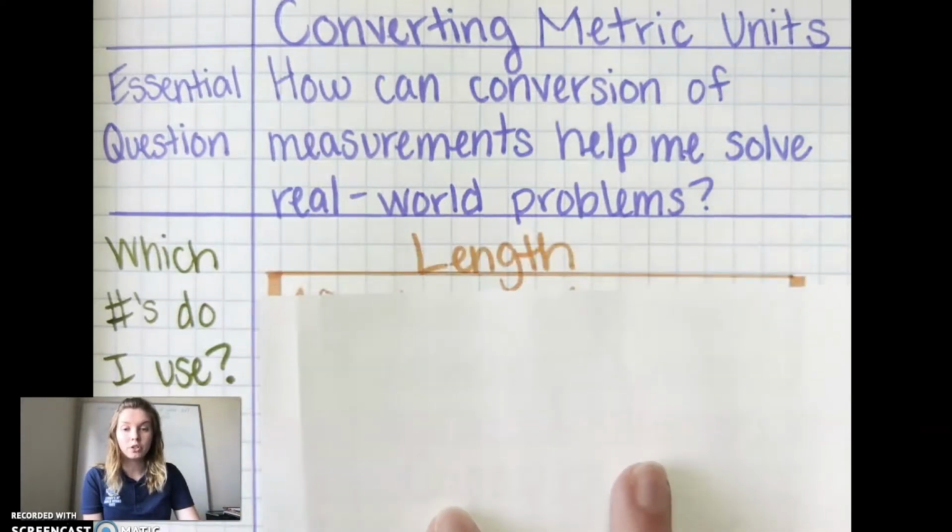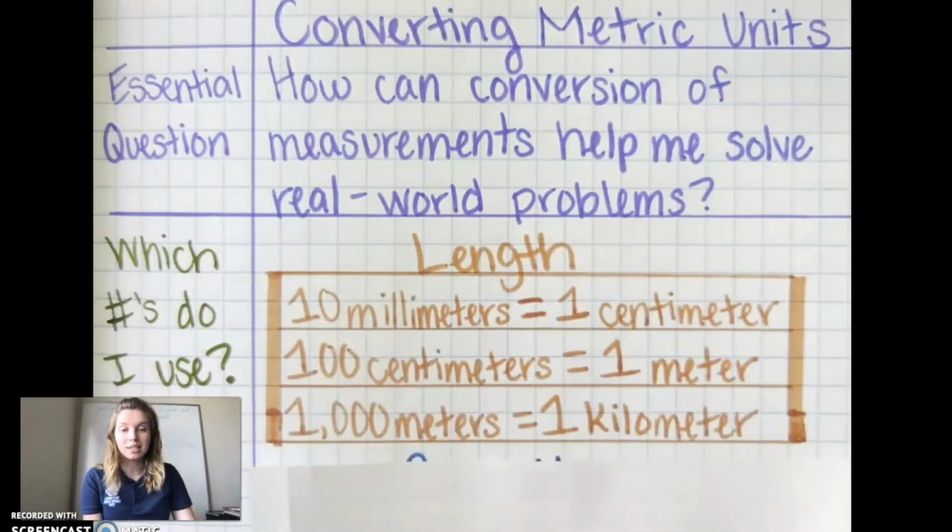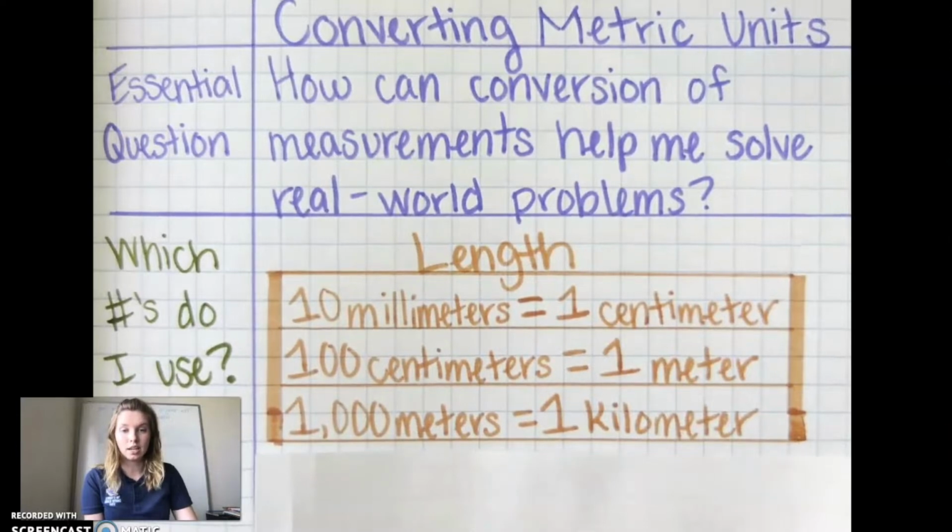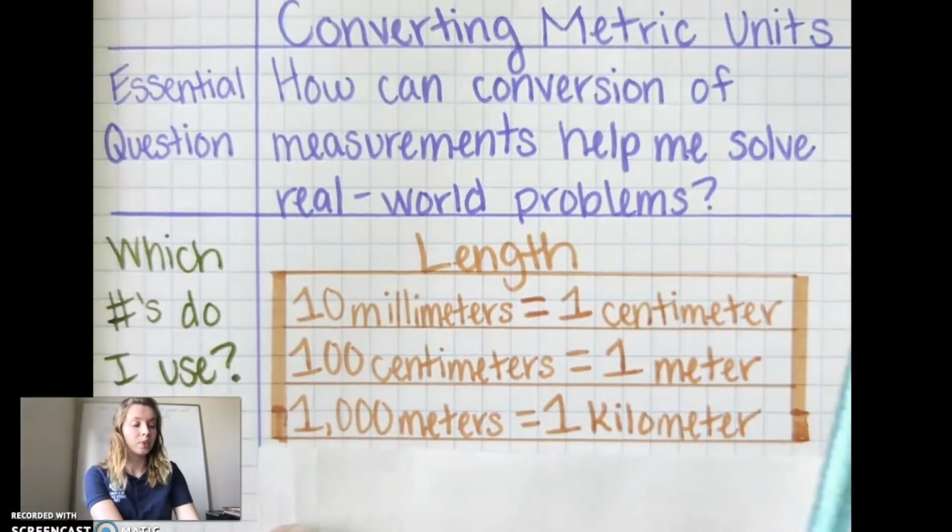So the first table I've drawn in the notes is the length units table. With this table, it tells you how many millimeters are in 1 centimeter, how many centimeters are in 1 meter, and how many meters are in a kilometer. So it goes step by step from smallest unit to largest unit. We are going to go over each one right now as you write your notes.